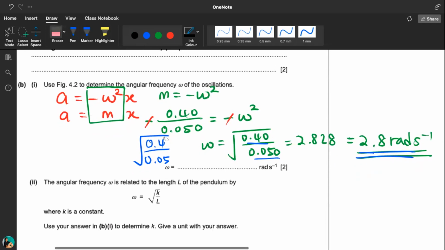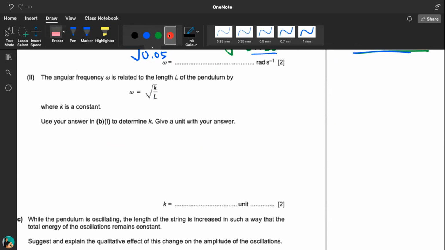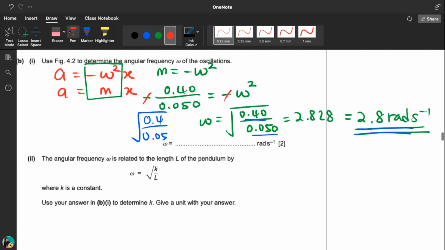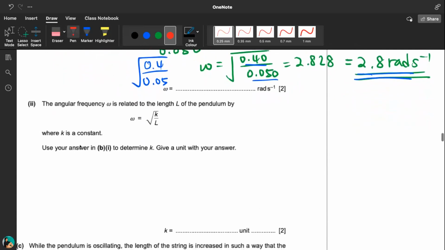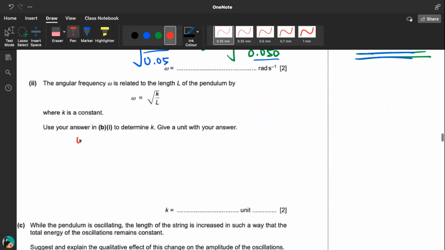Okay, let's go to the next one, B2. The angular frequency is related to the length of the pendulum by the formula, where K is a constant, so find K and give a unit. We already have the omega, so you just calculate: omega squared equals K over L, so K equals L omega squared.